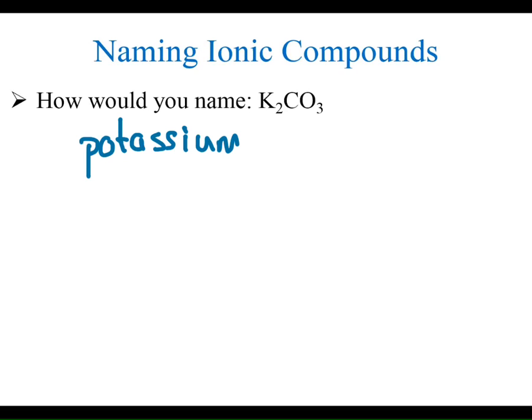Will potassium need a Roman numeral? No. Why not? Convince me. It's in group 1, right? It's always 1 plus. It doesn't change, so you don't need to specify the charge. Awesome. What's CO3 called? Carbonate. Boom. You just named it. Not bad, right? Potassium carbonate. No problem.